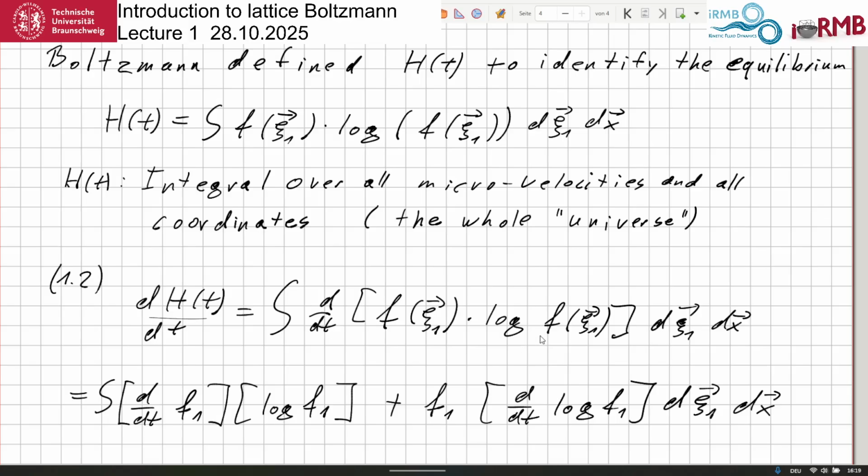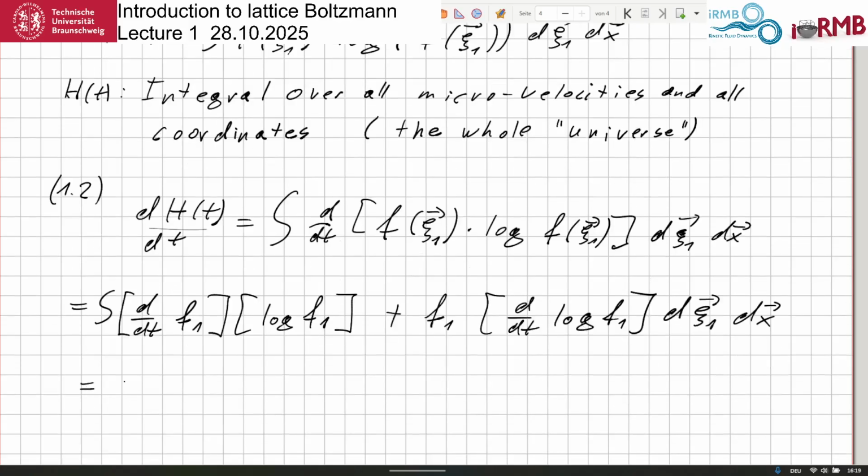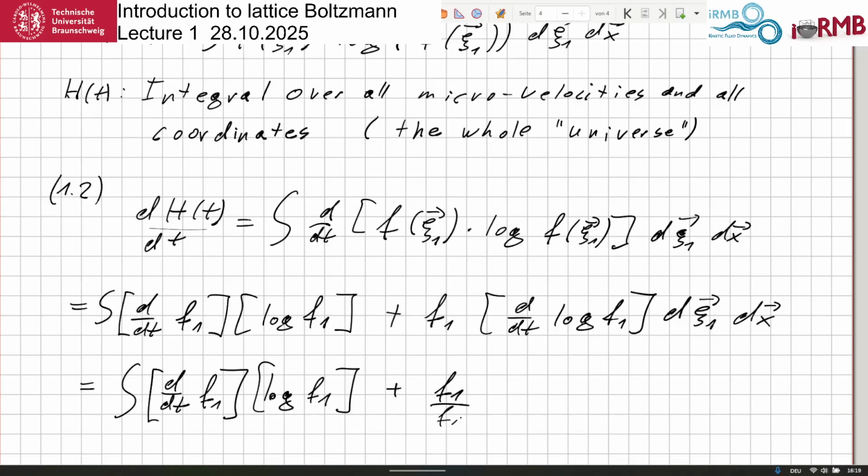So here we obviously apply the chain rule on the logarithm, and the first thing here will stay the same, d by dt of f1 times log f1, plus f1 times, applying the chain rule, 1 over f1 and d by dt of f1, and I integrate this over c1 and dx.